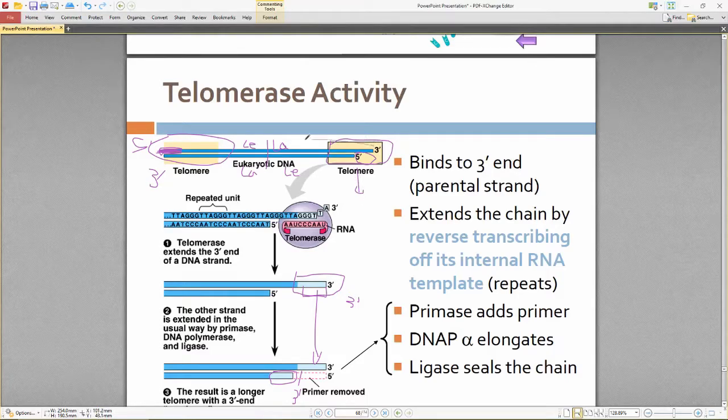If this is taken as the template strand, what happens essentially is that its telomere on this side is going to get shorter. Okay? And then let's take the bottom strand as the template. Then the telomere on this side will just get shorter too. Does that make sense? I think so.